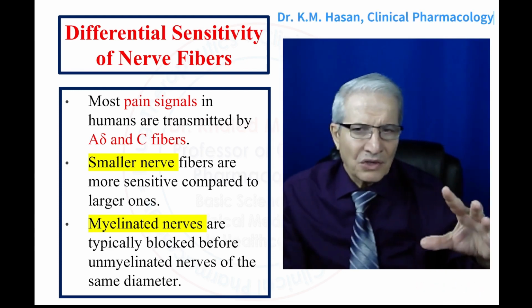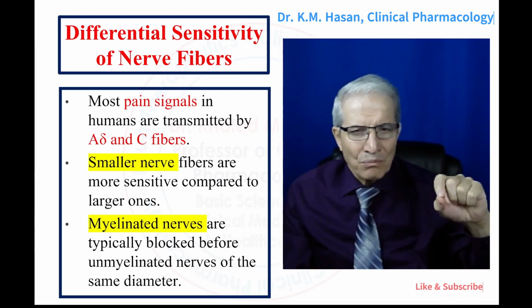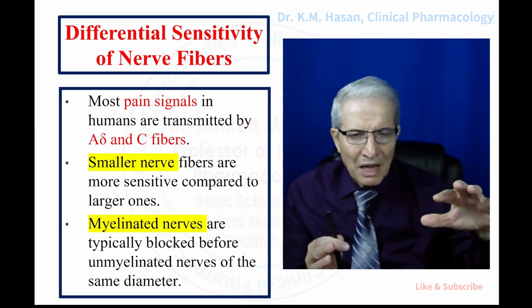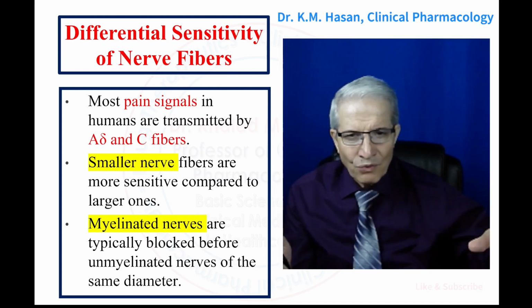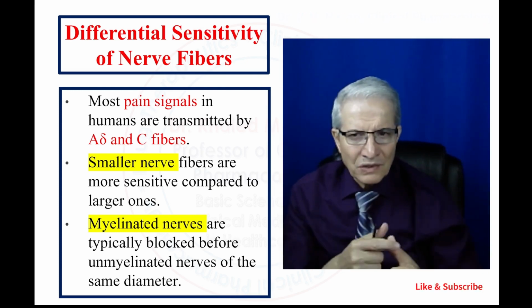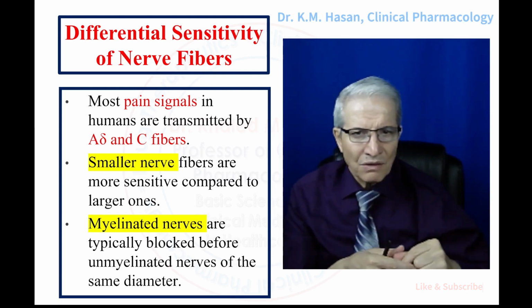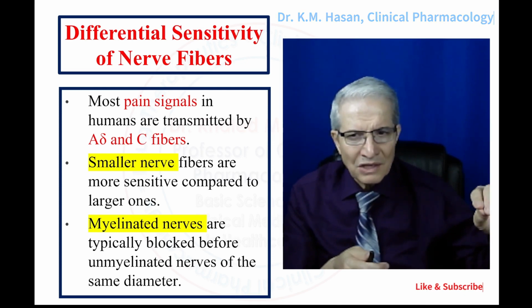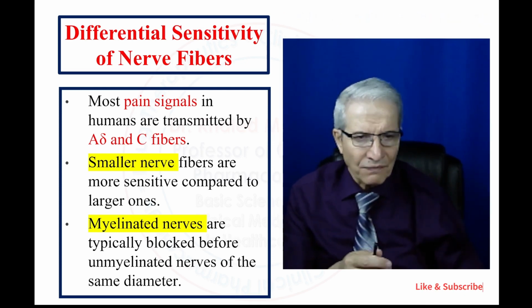The local anesthetic will mostly select the A delta and C fibers. We have several types of neurons, and the A delta fiber and C fiber will be selected by local anesthetic. The most sensitive nerves will be the small nerves, and the most sensitive to local anesthetic will be the myelinated nerves.